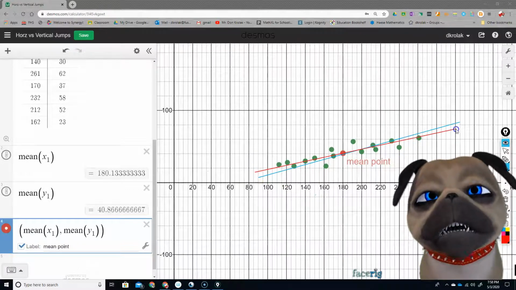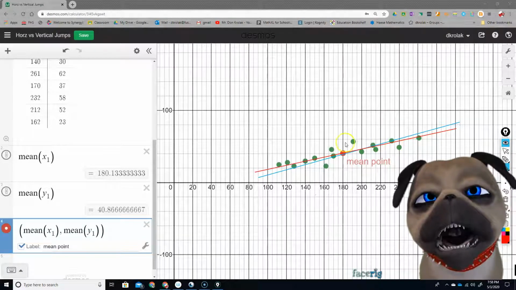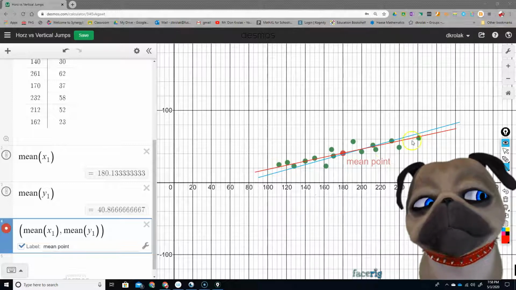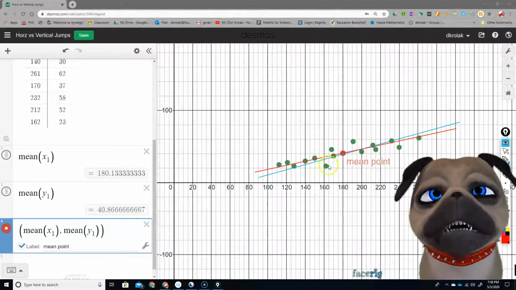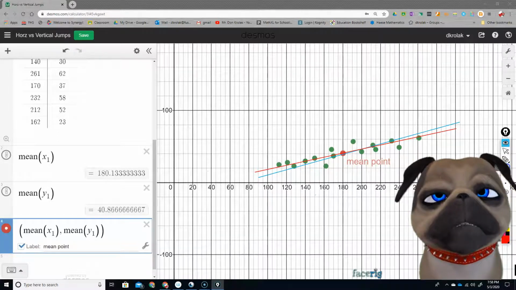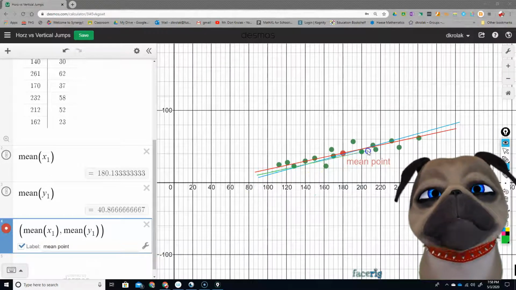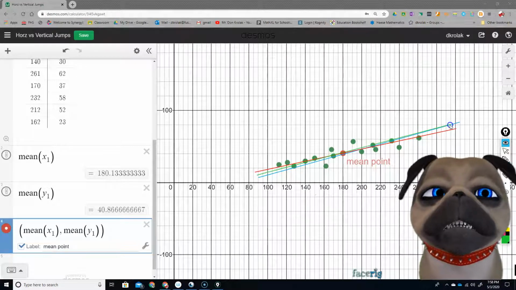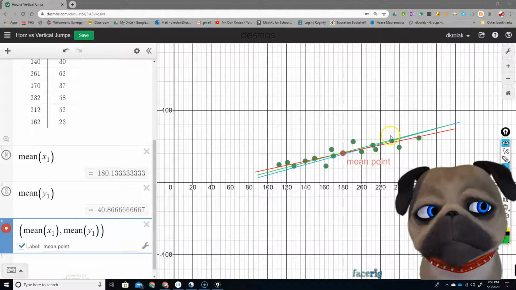I'm trying to get a line that goes through that mean point and kind of evenly divides the number of points above it and the number of points below it. So if we're just eyeballing it, we could come up with slightly different versions of what we believe is a good line of best fit, which happens when you're just eyeballing it.